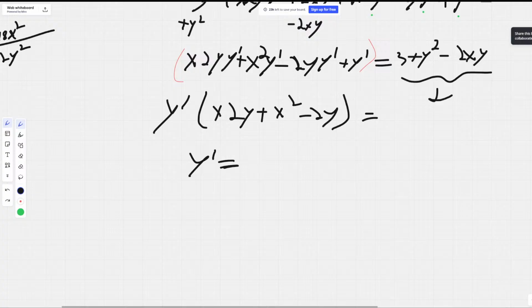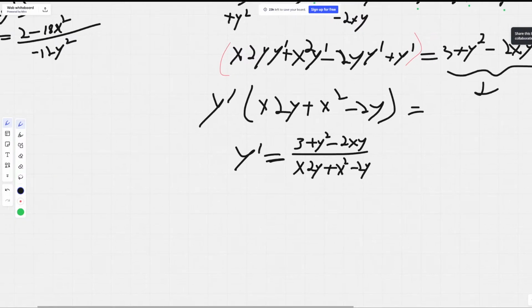That's coding. I'm not doing that right now. This will be 3 plus y squared minus 2xy, all over 2xy plus x squared minus 2y. I think that's about all the simplifying I'll be doing for that one.